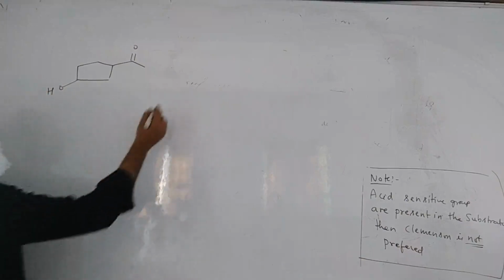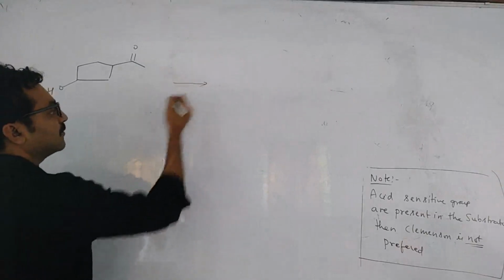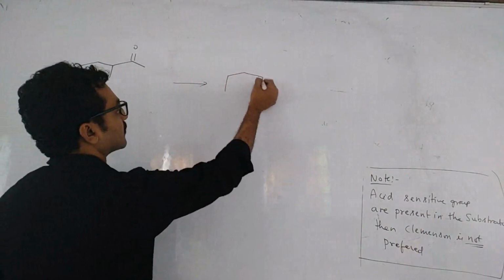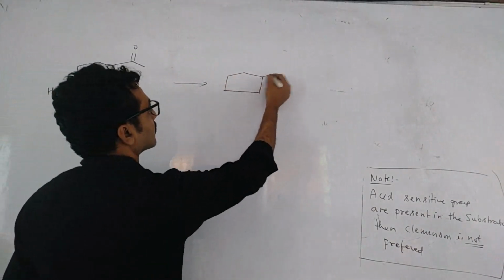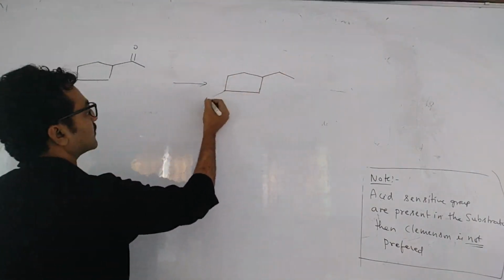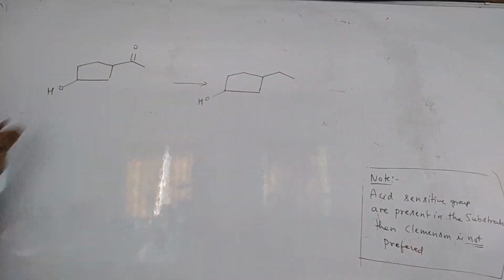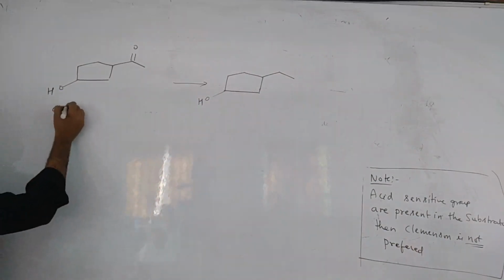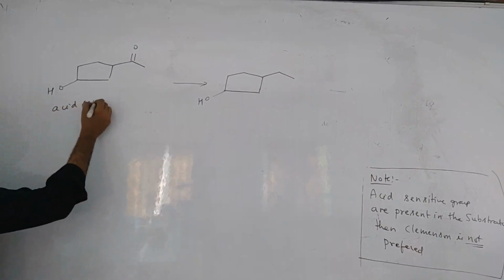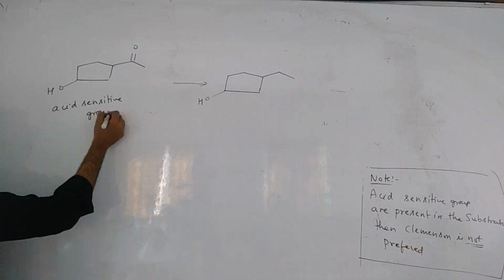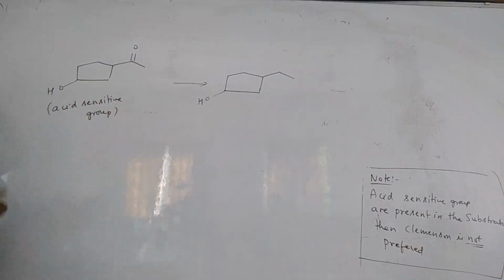What is the reagent used to convert this? This group should not be affected; this is called an acid sensitive group. In the product also I want the desired group.